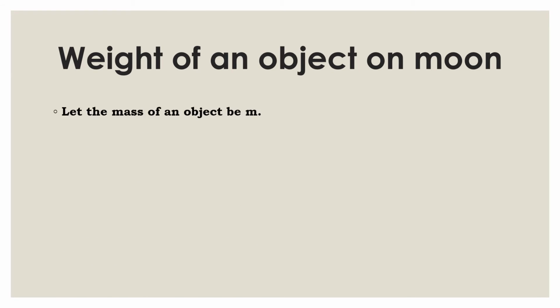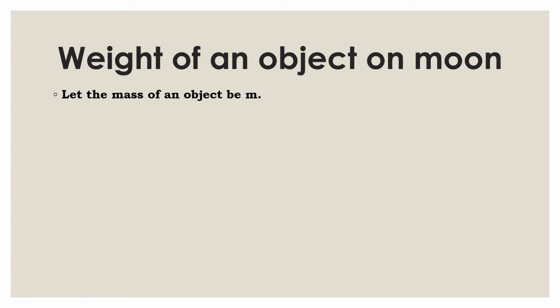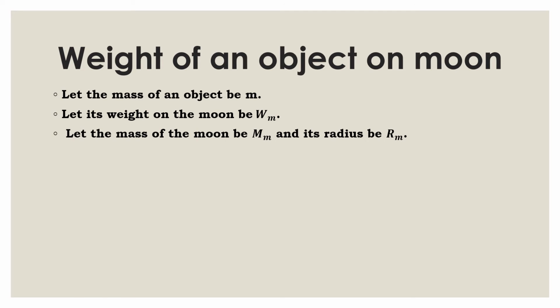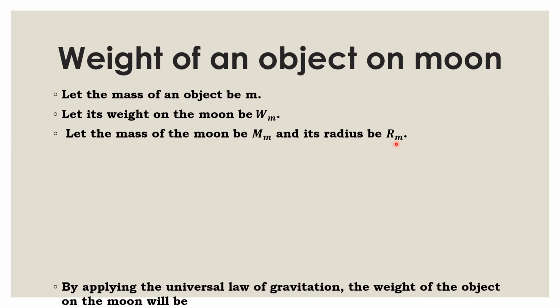Weight of an object on the moon. Let the mass of an object be m and let its weight be Wm on the moon. So we have taken here Wm, weight with respect to moon. Let the mass of the moon be Mm, that is mass with respect to moon, and its radius be Rm, that is radius of the moon.